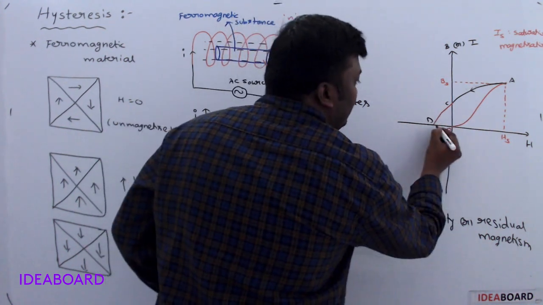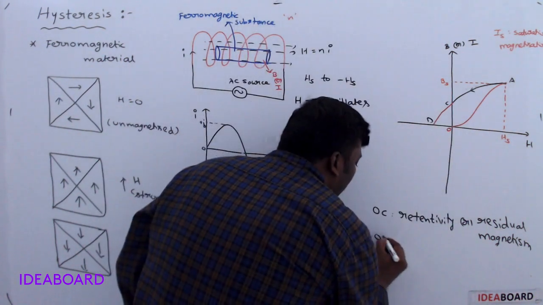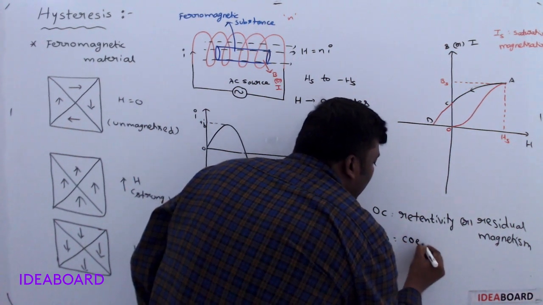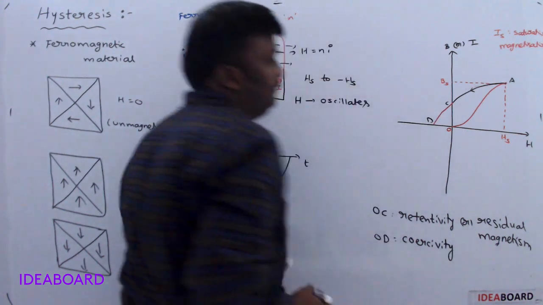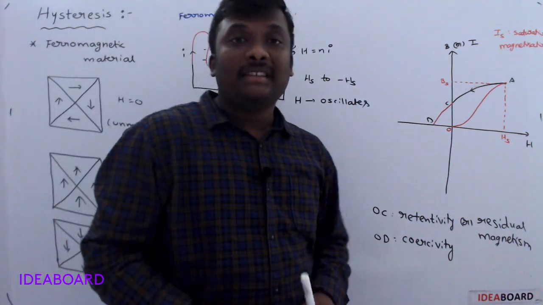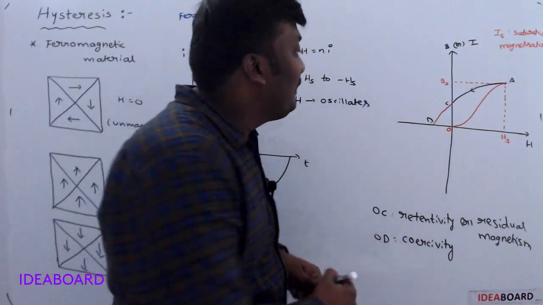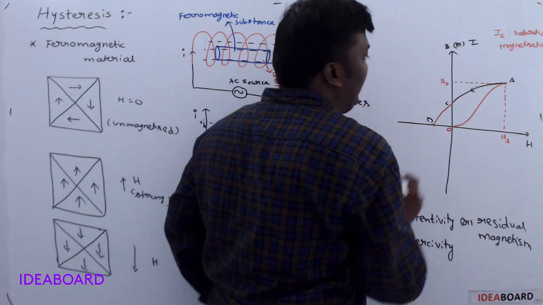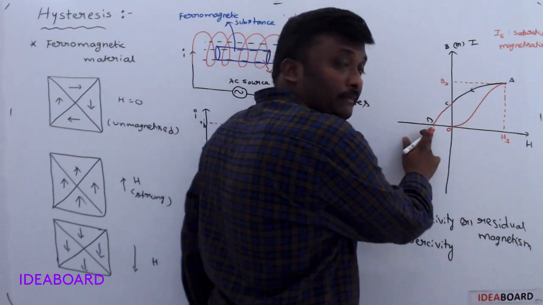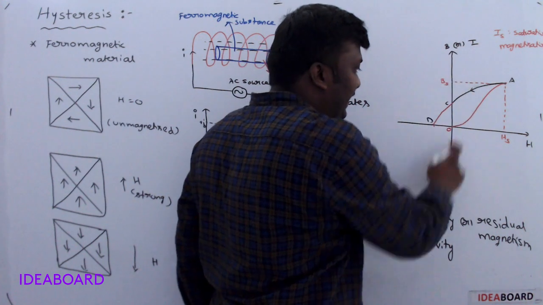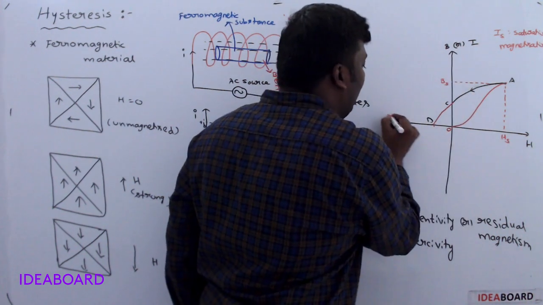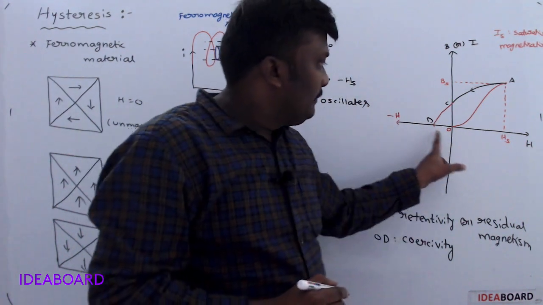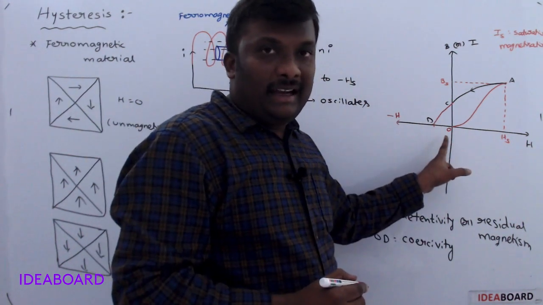So OD, what is this? OD is called coercivity. What is the meaning of coercivity? At this point D, the B value is 0, okay? Along the y direction the value is 0, but along the x-axis it has some negative value now. Understand?